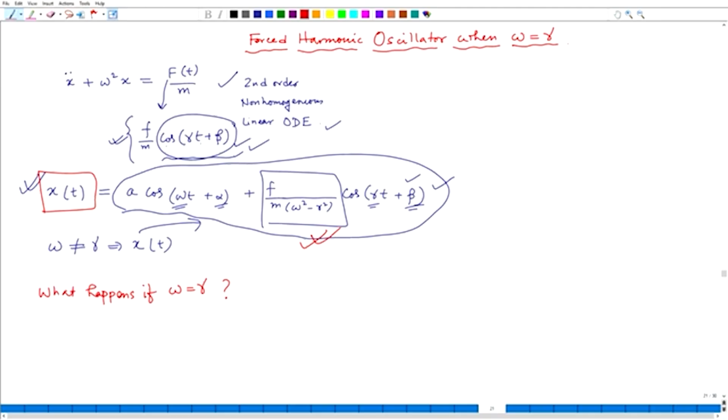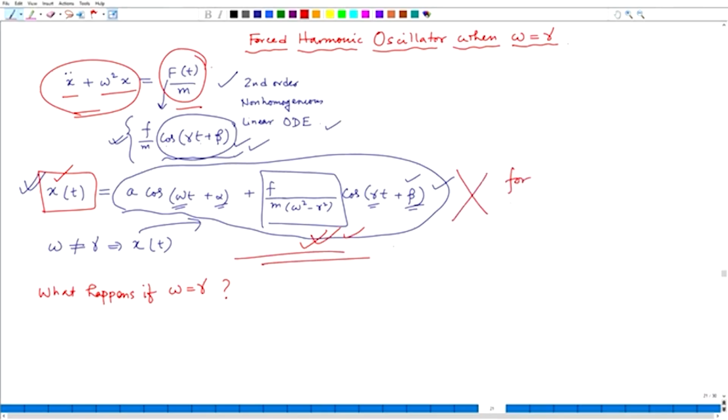Or you can simply say, okay, if it blows up and we admit that x is blowing up, then again this is blowing up, and this one is a forcing which we give from outside. So, we know that it must be finite, it can be controlled. So, something finite being equal to something infinite is not possible. So, there is a problem, and we concluded in the last lecture that it is not a good solution for gamma equal to omega.